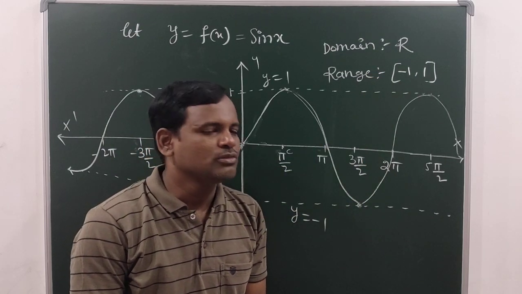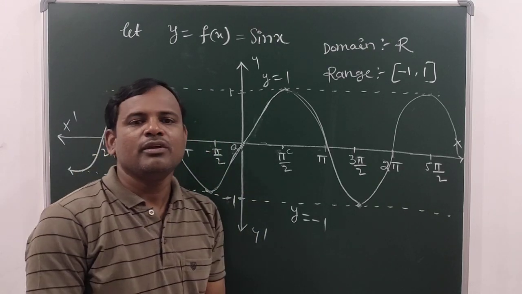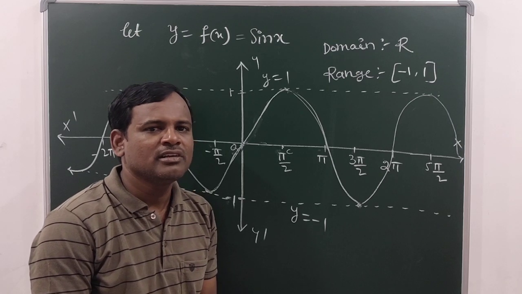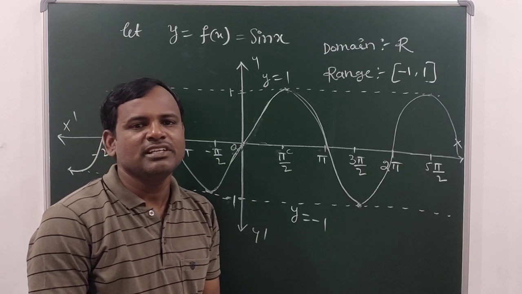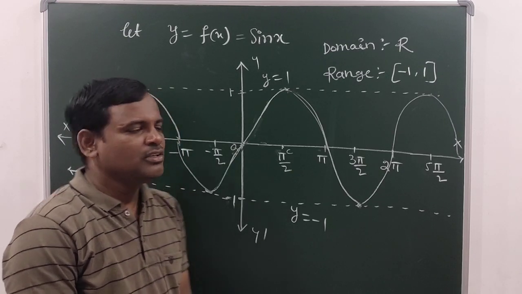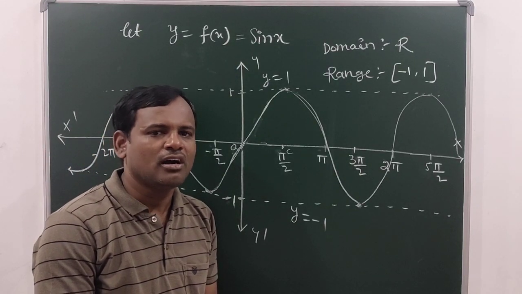Now let us go to the principal domain. Here you have to know one thing. What is meant by principal domain? Principal domain is a domain where the function is bijective. Bijective means the function should be one-one as well as onto.